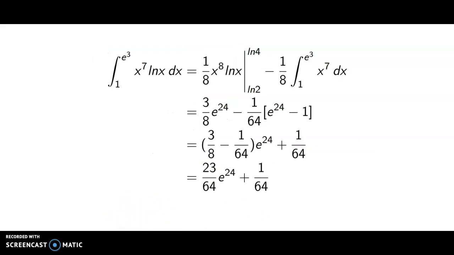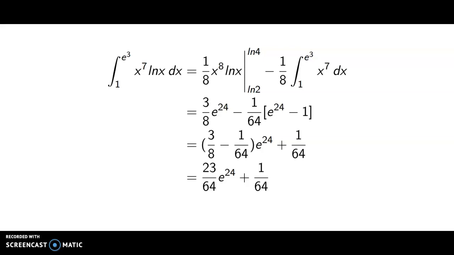And finally, we come to the last example for this proof, which is the antiderivative of x to the 7 times ln x from 1 to e to the 3. As before, we have to choose the u and v prime.